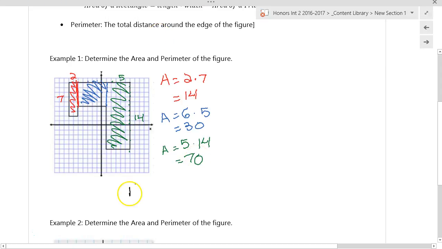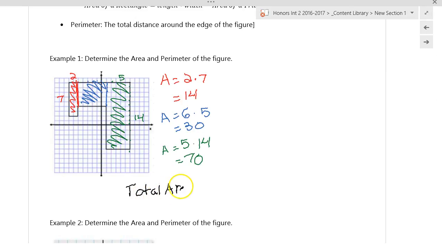So then my total area equals, I'm just adding all these up, 14 plus 30 plus 70, which equals 104. This is my total area of this figure.